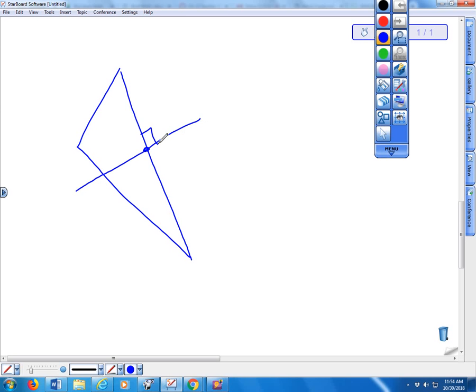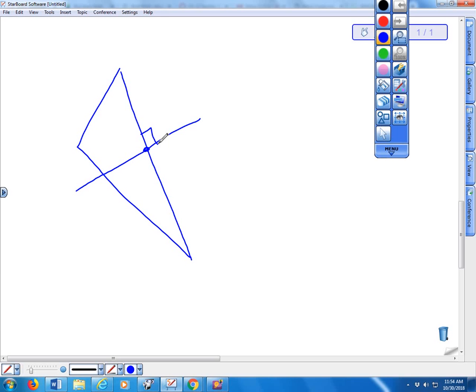So it doesn't necessarily go through the vertex. Sometimes it will, depending on the triangle, but that's not one of its features. The feature of a perpendicular bisector is that it goes through the midpoint at a 90. That's a perpendicular bisector in this triangle.